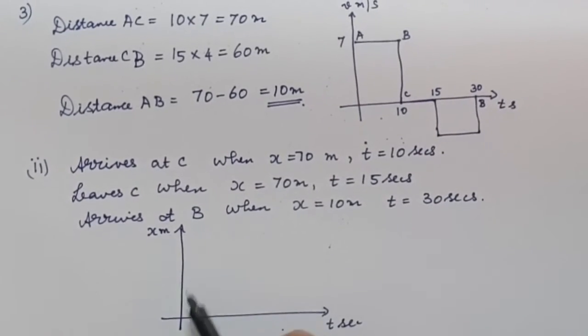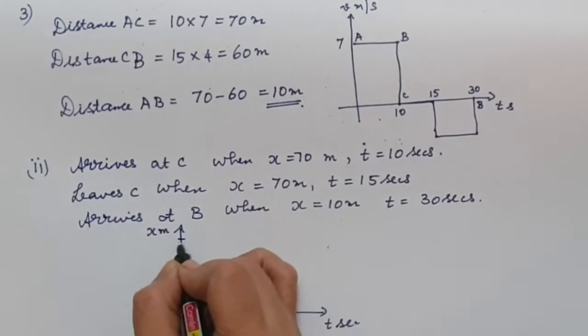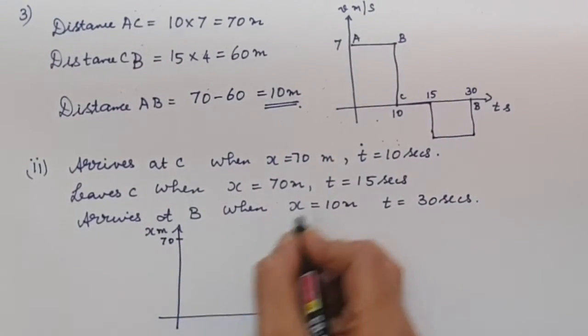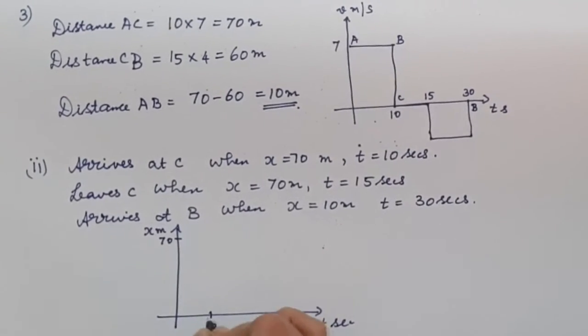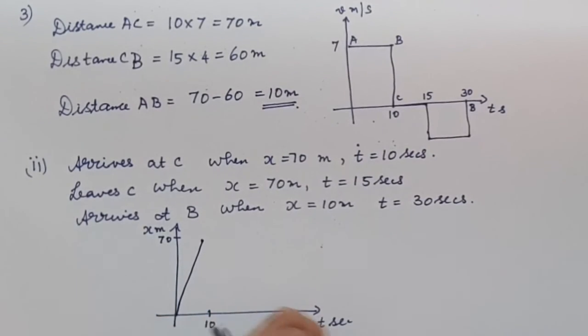This information we'll represent in a distance time graph. So now, this will be the 70 over here. He is reaching 70 at 10 seconds, so 10 and 70, this is the first part of the journey.